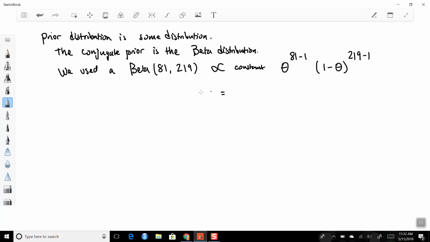So there we've got the probability of theta being some constant times theta to the 80th times 1 minus theta to the 218.